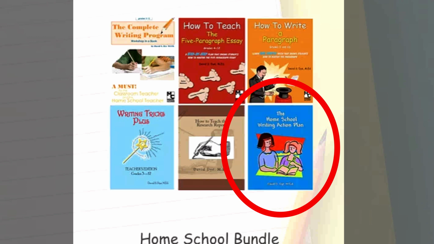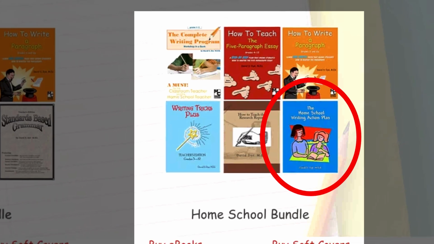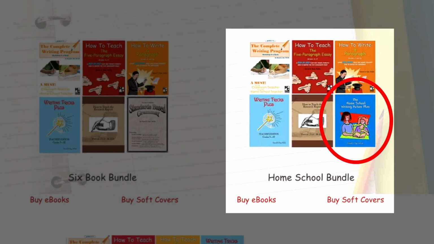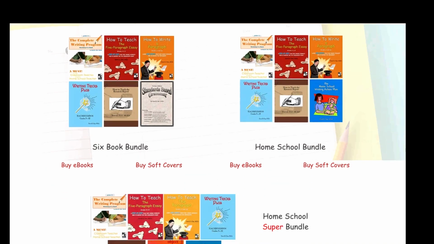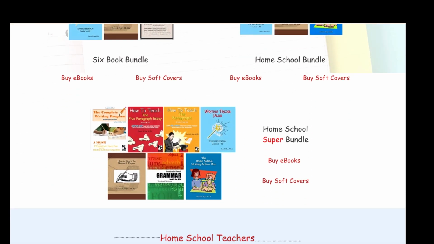But it's really powerful for the homeschool teachers because they have their own students for multiple years and they can really glean every little nugget out of this writing program. Finally, there is the Homeschool Super Bundle, which just adds a grammar book to the Homeschool Bundle. Basically, you'd have everything that we've got all in that bundle at a really amazing price.